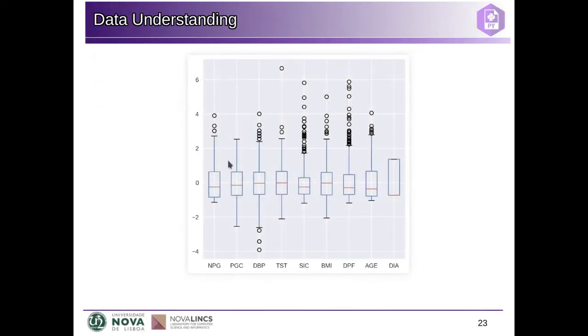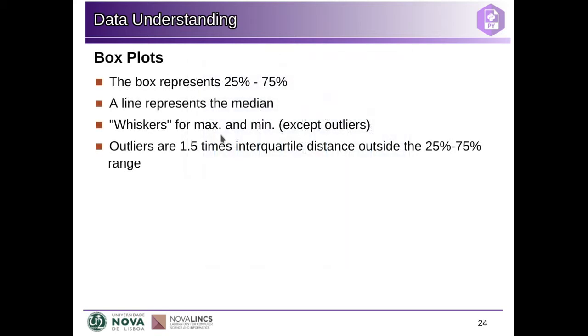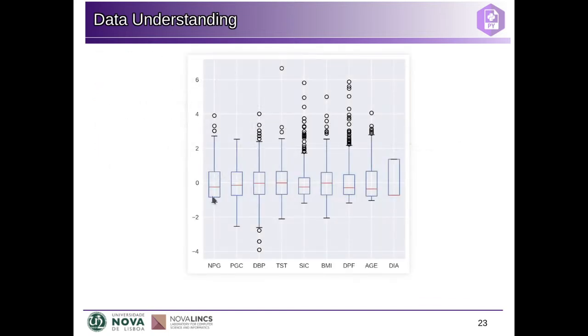For each series of data, you have this box representing the region where the middle 50% of our points are, so between quantiles 25 and 75. These are the boxes. So in these distributions, we have 50% of the data inside these boxes.